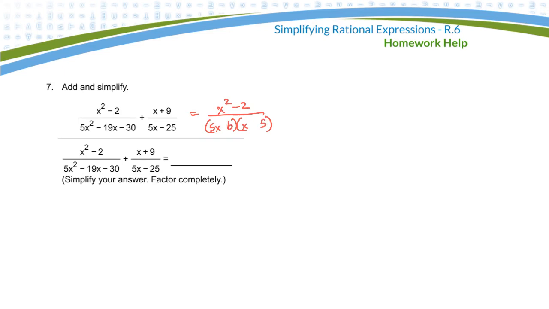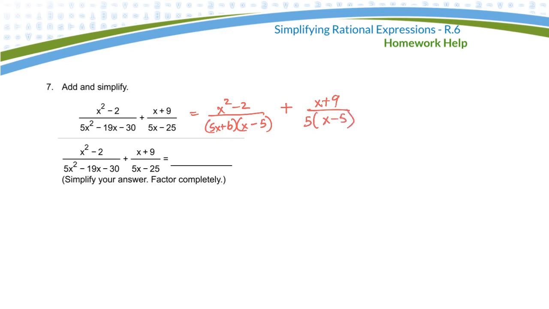And the bigger thing has to be negative. So this would be negative, this would be positive. 5x squared. Okay, 5x squared minus 25 plus 6, yeah, it's minus 19. And minus 30, yeah, that's right. Plus x plus 9 over, let's factor a 5 out, left with an x minus 5.